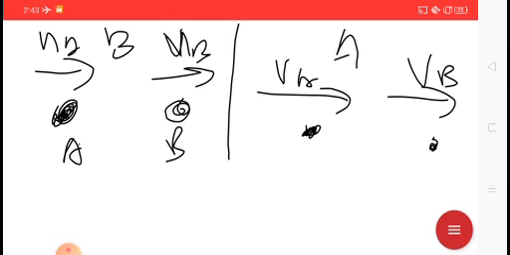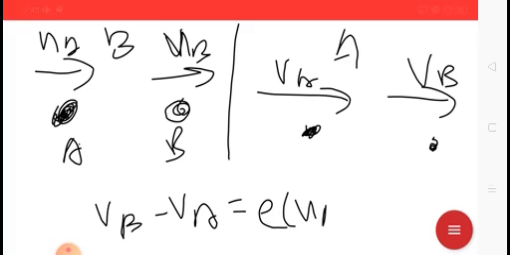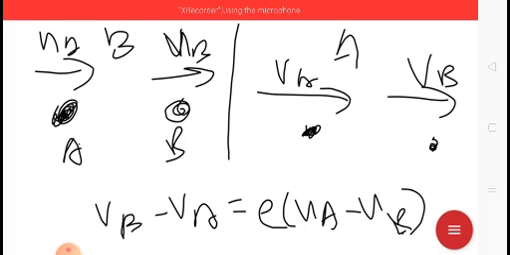So the same thing, you can apply the experimental law: VB minus VA is equal to E times (UA minus UB), right? For this question, the same thing, we assume going to the right-hand side is positive. So we have this formula.